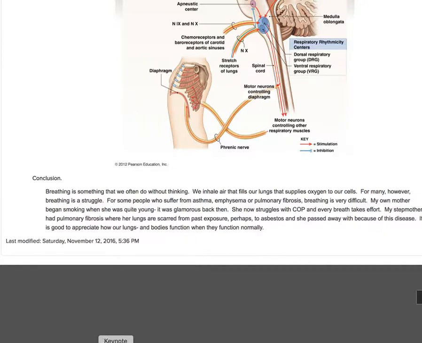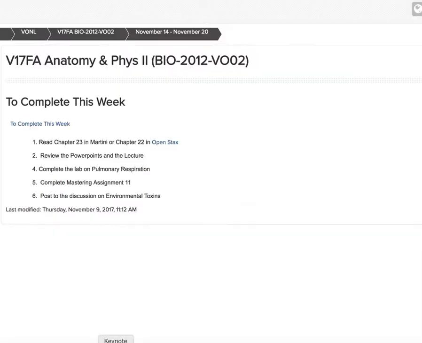So we'll go over what we can do this week. For this week, read chapter 23 in Martini, or chapter 22 in OpenStax, and review the PowerPoints and lecture.